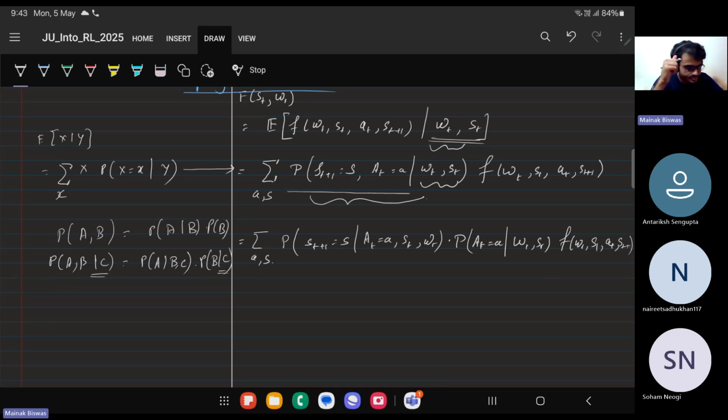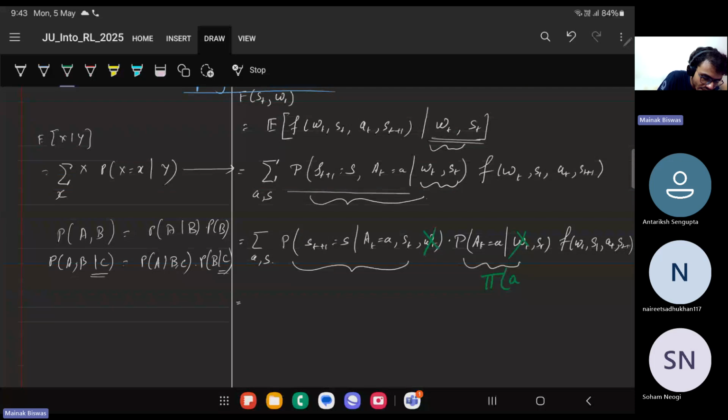So this function, do you know this function value and do you know this function value? Yeah, we know both. So this is independent of WT. I don't need omega because the model parameters are known. This is what? This is the policy function. Yes or no? A given ST.